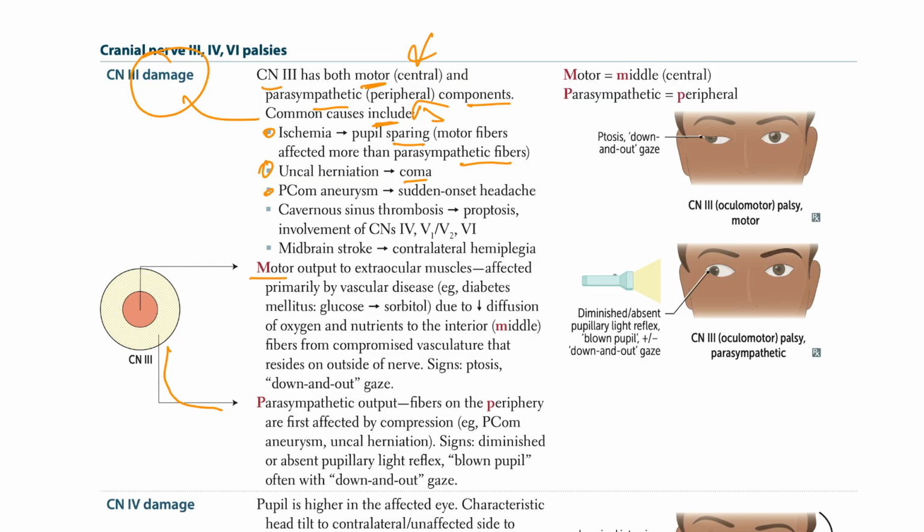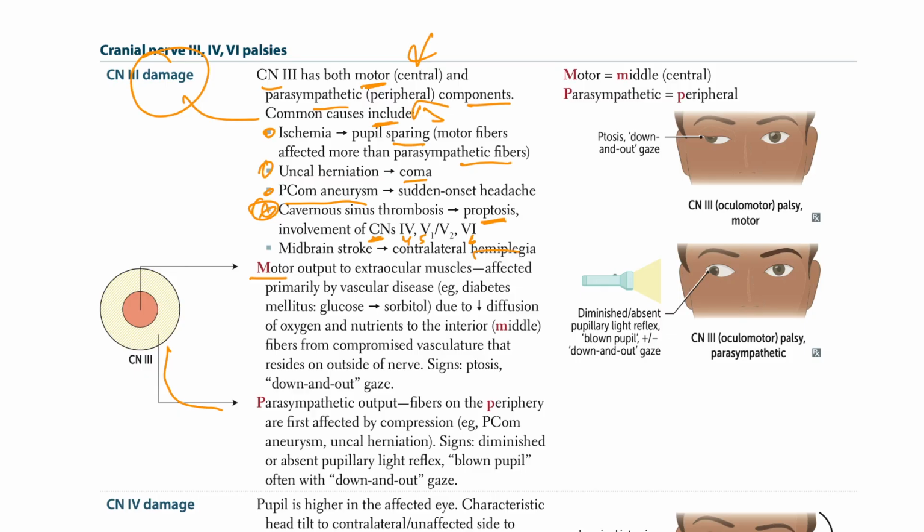PCOM, posterior communicating artery aneurysm, that's again high yield, and we'll talk about that in a moment. It presents with a sudden onset headache. Okay. Cavernous sinus thrombosis leads to proptosis, with involvement of cranial nerves 4, 5 (V1, V2), and 6, and we will see that in cavernous sinus. Midbrain stroke leads to contralateral hemiplegia.